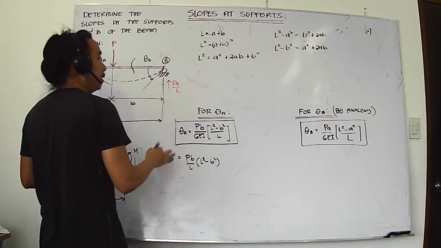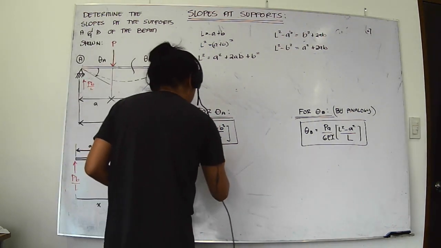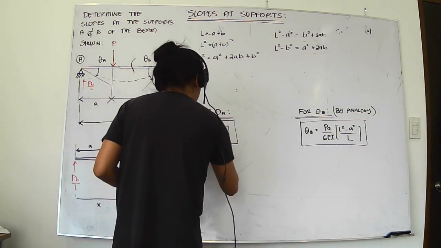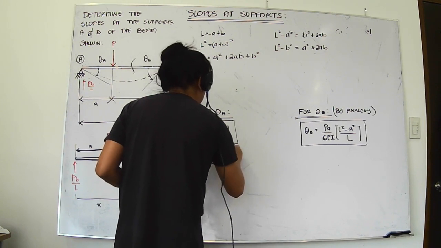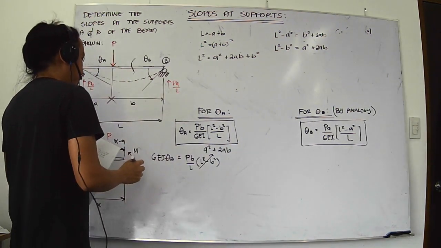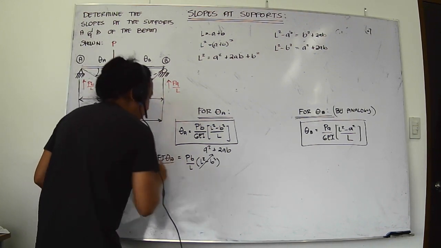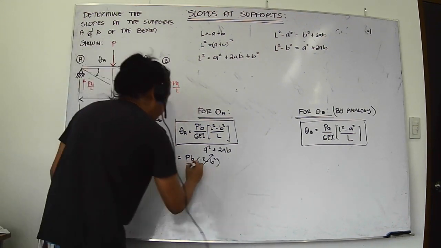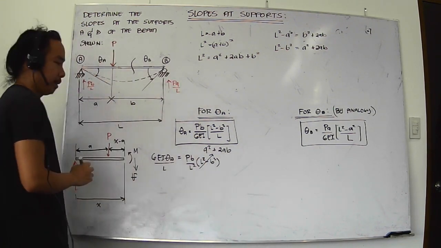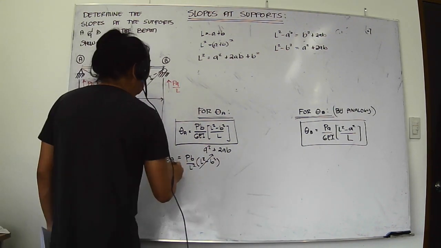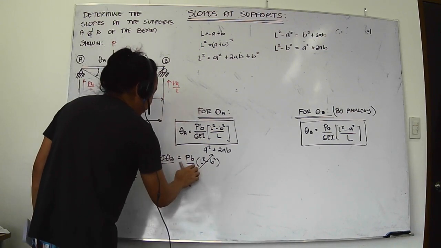But we already know that L squared minus B squared is just A squared plus 2AB. Then divide by L, so that becomes L squared again. Step by step.